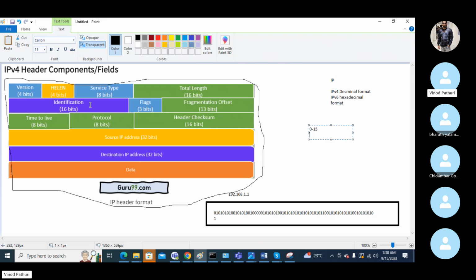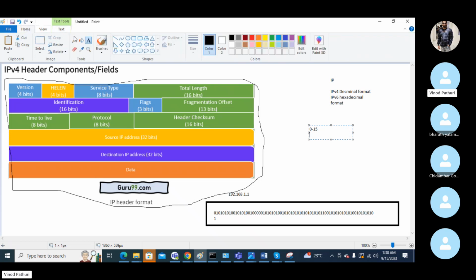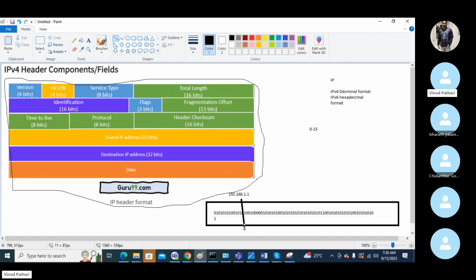For example, this is a fragment, and this is a fragment, and this is a fragment.